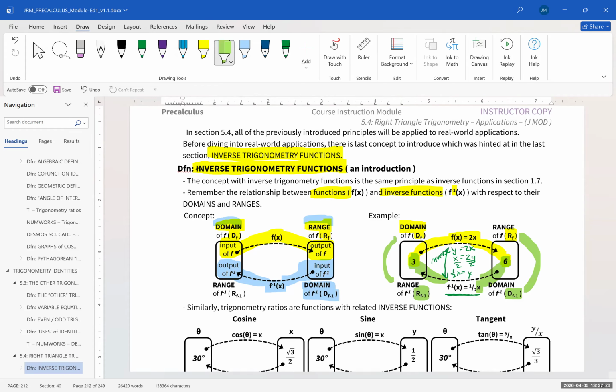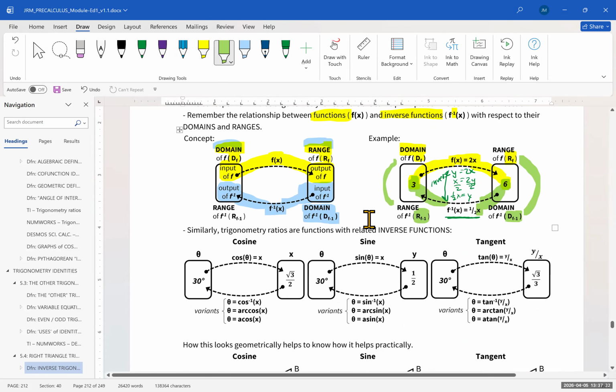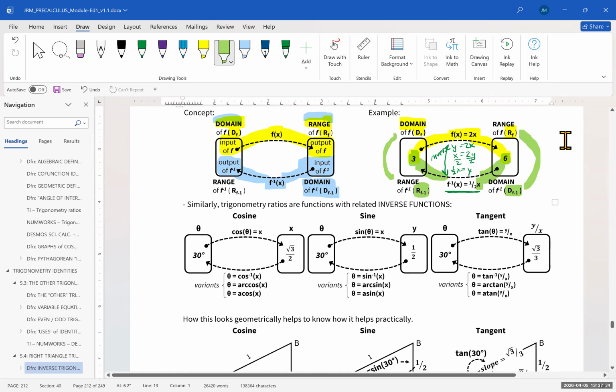Now in the trig functions, they too are functions, and they also have inverses. So what does that look like? We'll look at cosine first. Cosine as a function has theta, or an angle measure, as an input, such as 30 degrees.